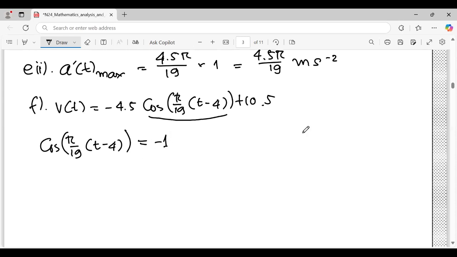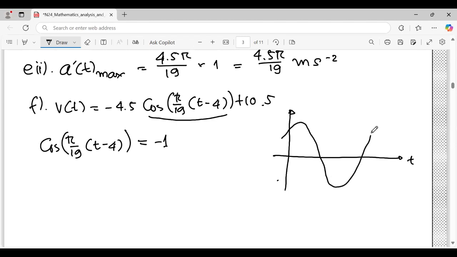I have sketched the graph like this because I would like to determine t. This is t, and the graph looks like this. This is 1, this is -1, and t is 23 here.